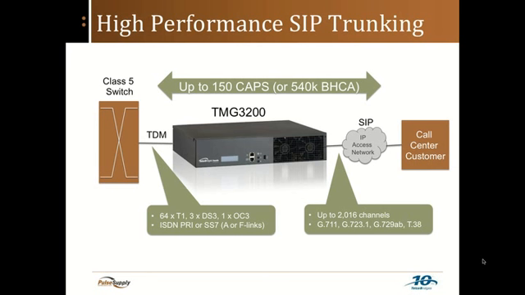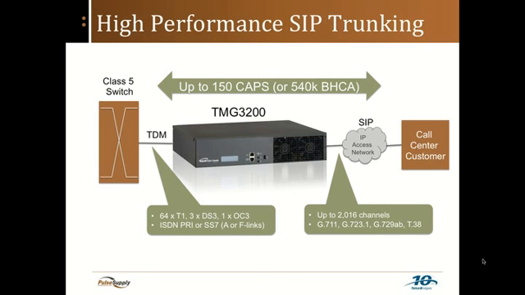Well, the gateway used in this case is not a bottleneck, in the sense that a Telcobridges gateway such as this one can support more than 500,000 busy hour call attempts, which is usually plenty in order to serve such a call center customer, where it's important for them that the devices in the network are able to keep up with their call generation or call handling capabilities.